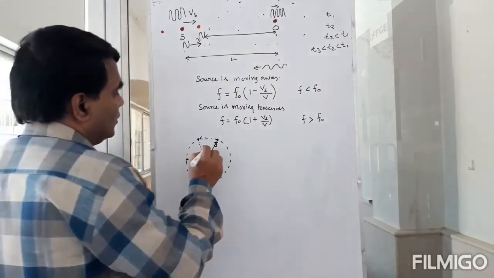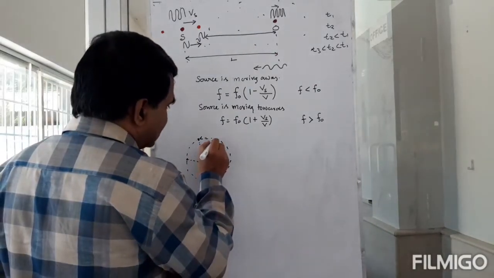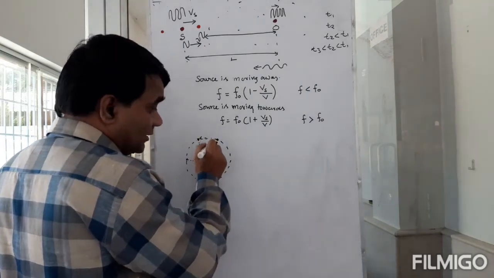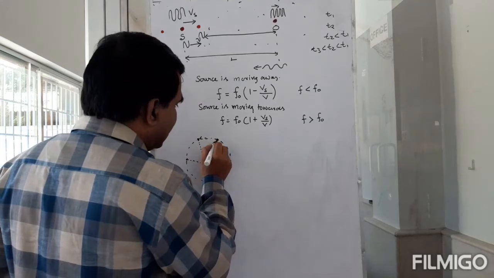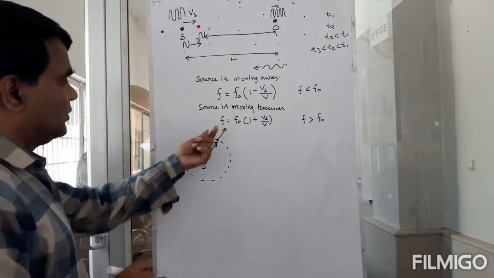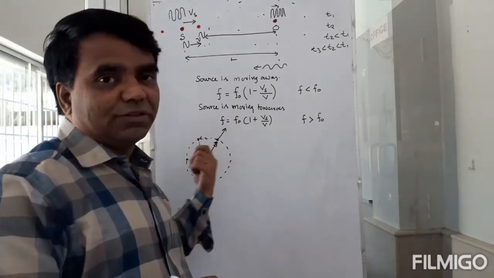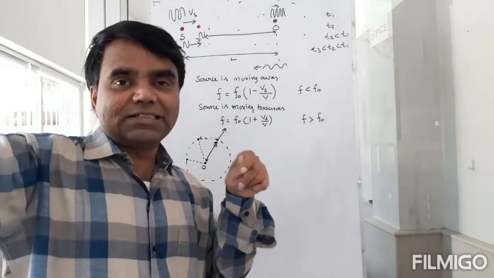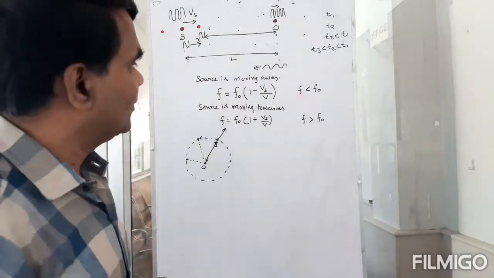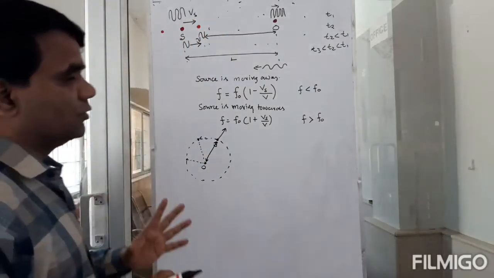So I would say it is not the tangential speed that counts, but the radial speed. Only then does the distance change, and only then can I experience the Doppler effect. Okay? So this is what we are going to do here.